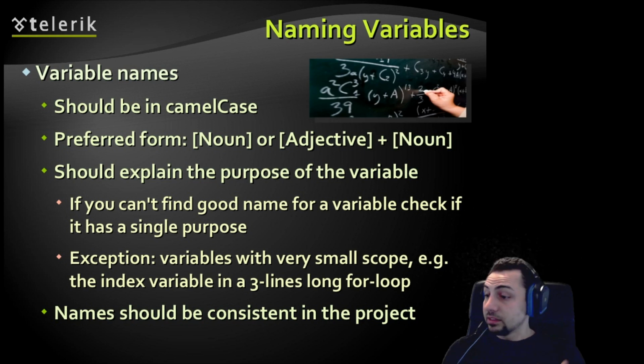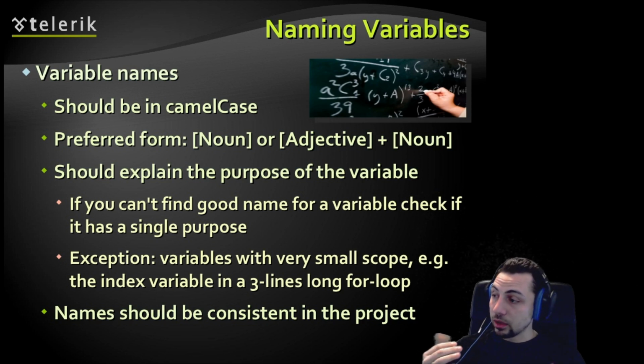Variable names inside of a function follow the same thing as arguments, camel case, noun, or adjective noun, and they should explain the reason that that variable exists. All right. And again, if you can't think of a good name for a variable, maybe you're trying to do too many things with that variable. And as always, I mentioned early on, if you've got a variable with a small scope, a couple of lines, 3 lines, maybe you name it i, that's okay.